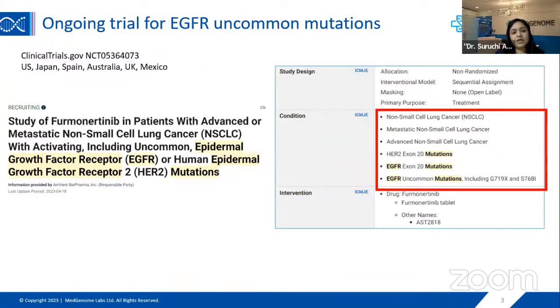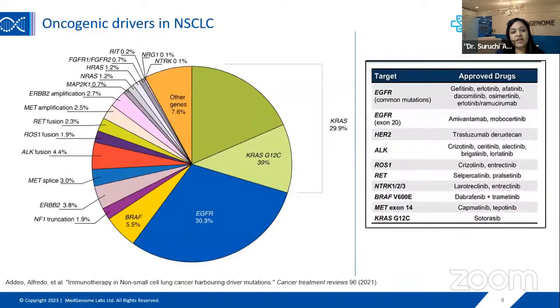This is the trial which is ongoing for rare mutations, which includes EGFR uncommon mutations like 719 and 768, for which we do not have drugs right now. EGFR exon 20 mutations and HER2 exon 20 mutations are also included as inclusion criteria in this trial.